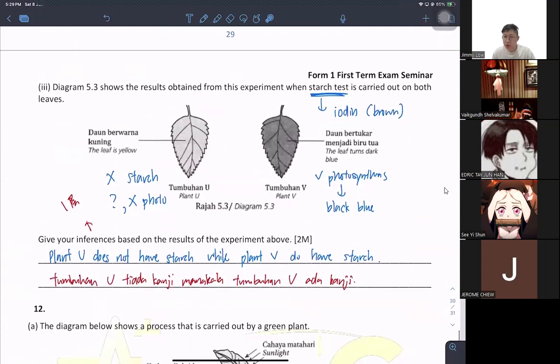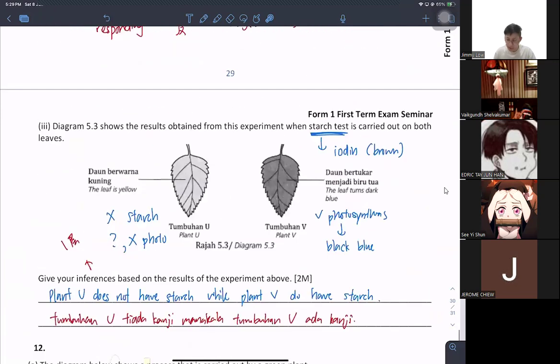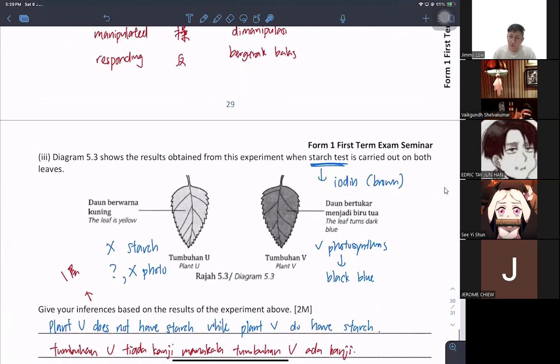Okay, so three. Whether yes or no. So the starch test is about iodine. Use iodine to test whether there is starch or not. If there is starch, yes, there is photosynthesis. Where does the starch come from? Photosynthesis is going to produce glucose, and the glucose will slowly become starch.